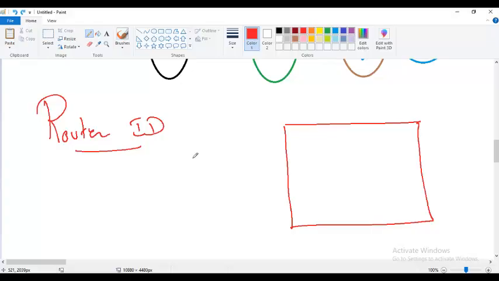Not only that, this router ID also helps to avoid loops. Say for example, Priya is the ID for a router. Priya is advertising something to Pavitra. Pavitra is giving it to me. And now I am giving it to Priya. Priya will not accept it. Why? Because in that update, her name is there as the originator. She rejects it so that a loop can be prevented.